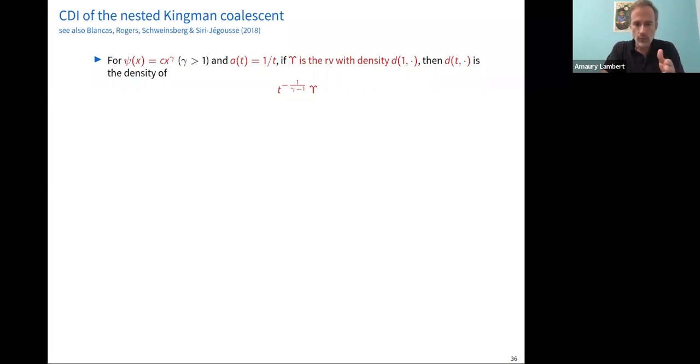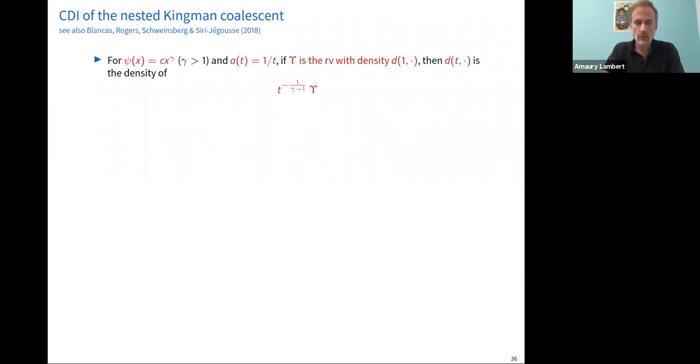And actually, if you consider, for example, gamma equals 1 here, so psi of x is c x squared, and you look at the nested Kingman coalescence, then you can prove that the concentration of particles at time t is the density of t to the minus 1 times upsilon, where upsilon is the random variable with density at time 1.